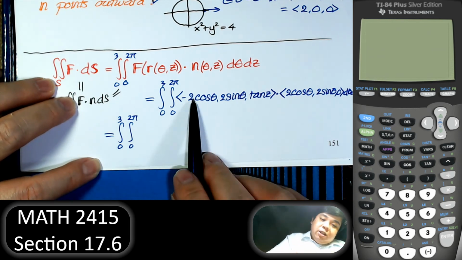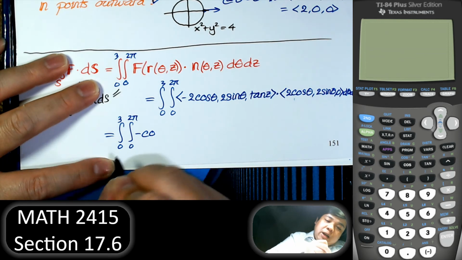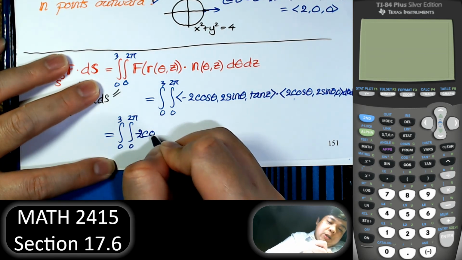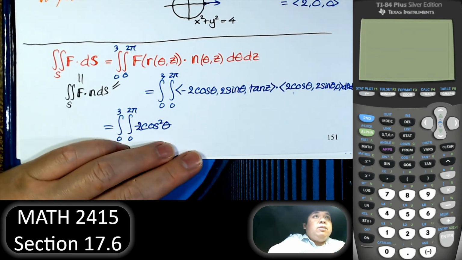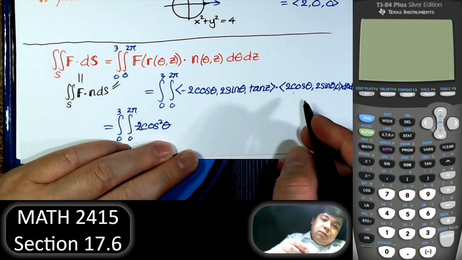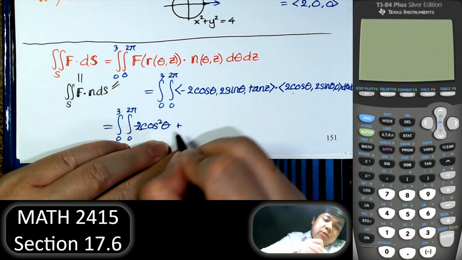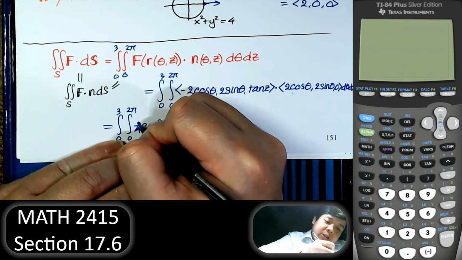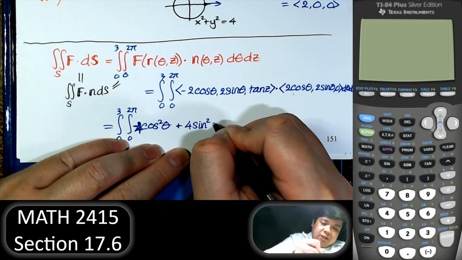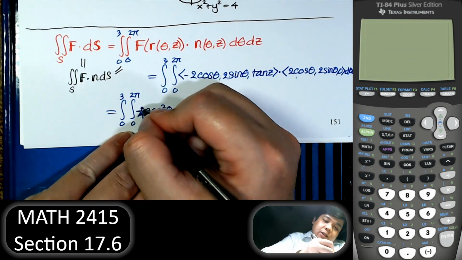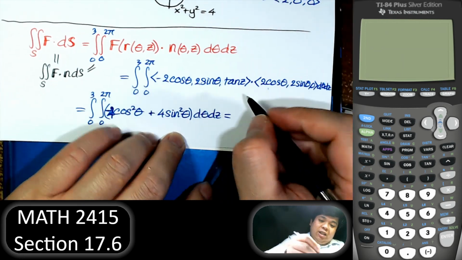The dot product gives us negative 4 cosine squared plus 4 sine squared, d theta dz.